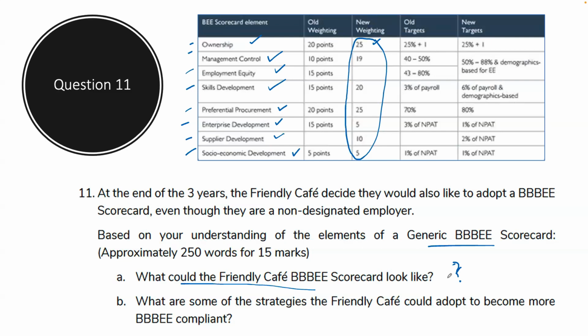It's measured by a scorecard based on 5 elements: ownership, management control, skills development, enterprise development, and socioeconomic development. Once the score of the organization has been calculated, it is converted into a level, and then it gives you a breakdown of how to do the actual calculations. So pages 408 to 409.